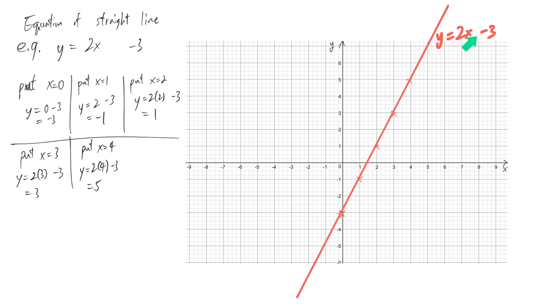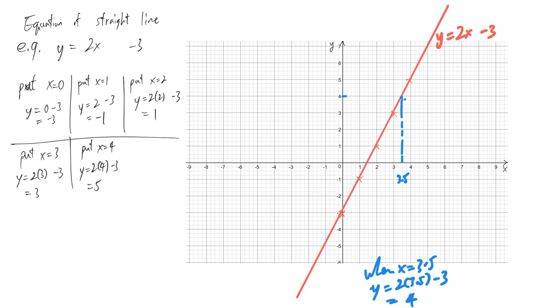And not only integers, we also accept input which is a fraction or decimal number. Let's say, for example, it is 3.5. Then we know that when x is equal to 3.5, y is equal to 2 times 3.5 minus 3, which is 7 minus 3, 4.